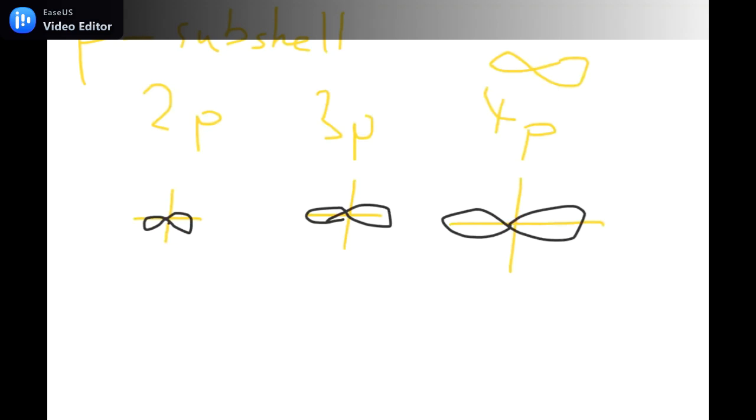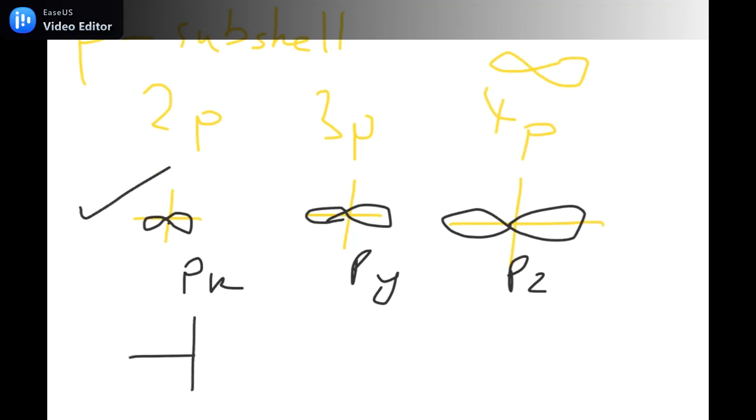Over here in the p subshell, we have three orbitals that are px, py, and pz. Now there is a difference between these three, and we will show them if we are asked about the specific orbitals. However, in general, we'll just show it in this manner. So if it is px, then it is the same, that is horizontal.